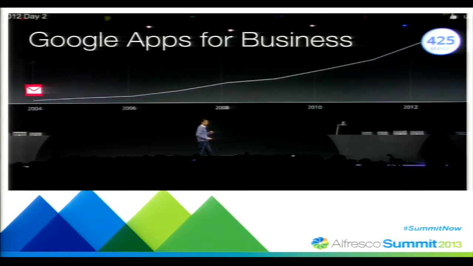And some examples about this is, for instance, Google Apps. As you can see in the picture, in the last Google I/O, these guys presented that from 2004 until 2012, they have 425 million users using the Gmail service.